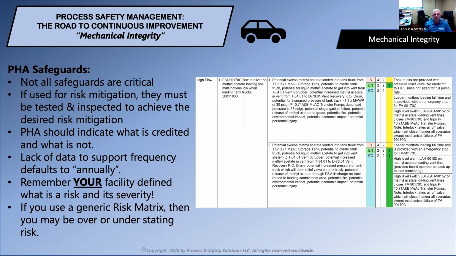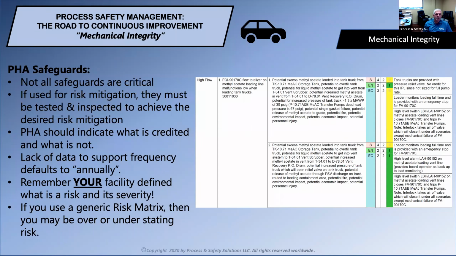Remember, your facility defined what risk is and its severity. The inspector or the person that's doing the audit, the OSHA person, is not necessarily going to tell you what your risk is or what your severity is. You define what that is when you did your PHA. So if you define a system to have a safety consequence, then those safeguards would have to be tested and inspected for you to achieve that reduction in risk.